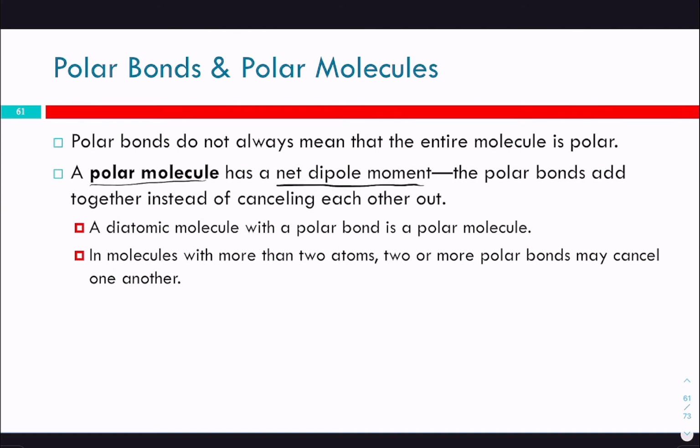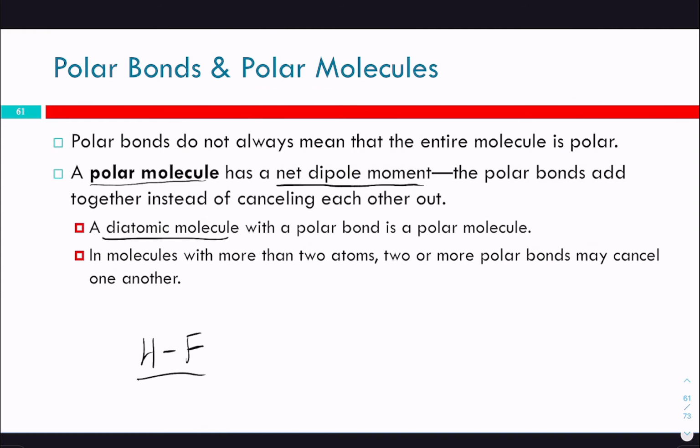So that means when you look at the whole thing, there's one side of that whole molecule that's negatively charged, or one side that's positively charged. So if you have a diatomic molecule, again, that would be something like hydrogen and fluorine. This is a polar bond, and there's only 2 atoms. So we have an overall dipole moment that makes that a polar molecule.